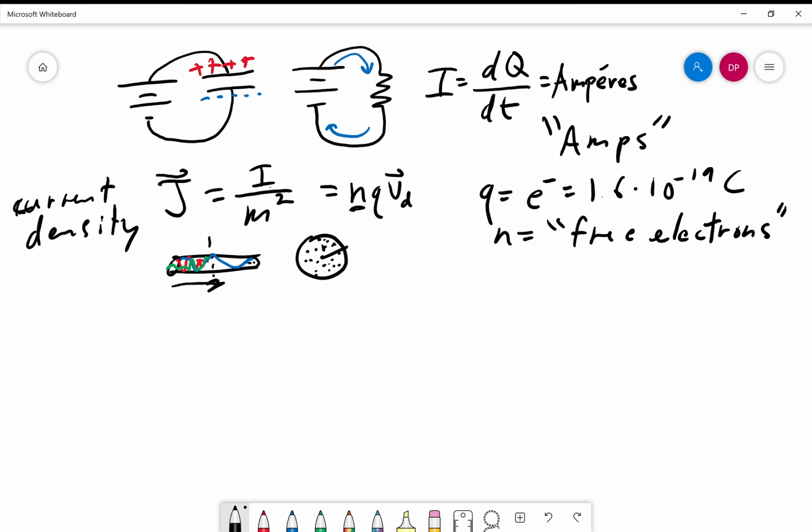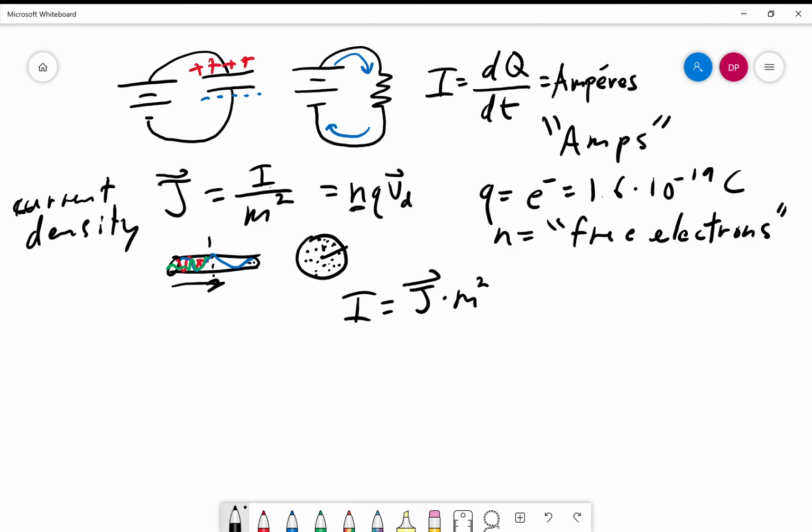Because what we haven't accounted for is how wide our pipe is that we're going down. So current is actually going to be current density times area, okay? And again, just to keep from being confusing, I'm going to say meters squared.